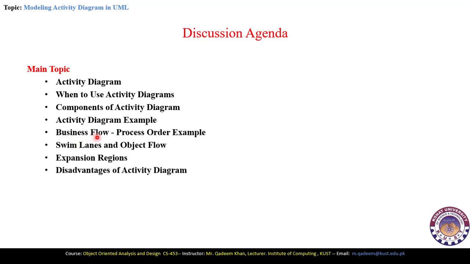Now we have the business flow or business activity diagrams, which represent the process here, and the process is of the order systems example. Also we have the swim lanes and object flow activity diagrams. And then we have some expansion regions, which is in fact a region where the activity diagram will be expanded. And at the end we have the disadvantages of the activity diagrams. So these are the key topics that we will cover in this lecture.